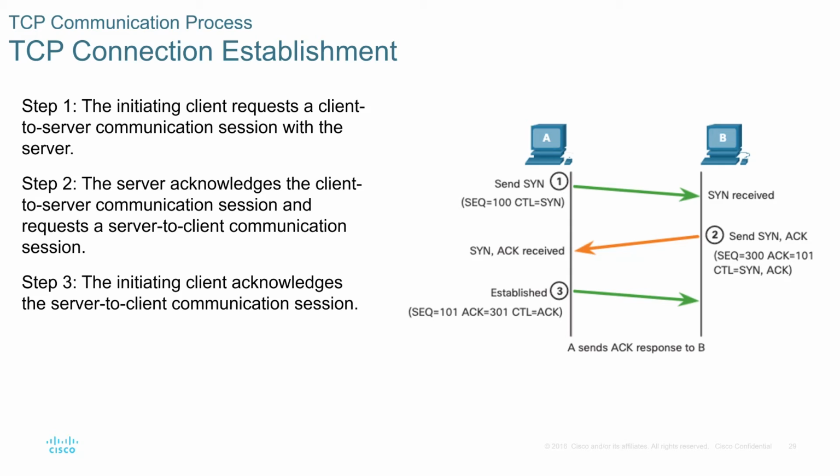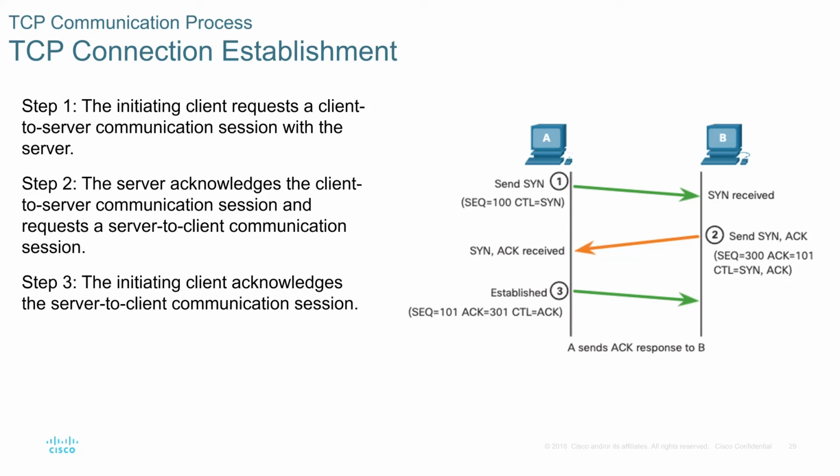Here is an example of the three-way handshake of TCP. The initiating client requests a client-to-server communication session with the server. This is a synchronizing request. As we can see here in the example, host A sends a synchronizing request with a sequence number of 100.